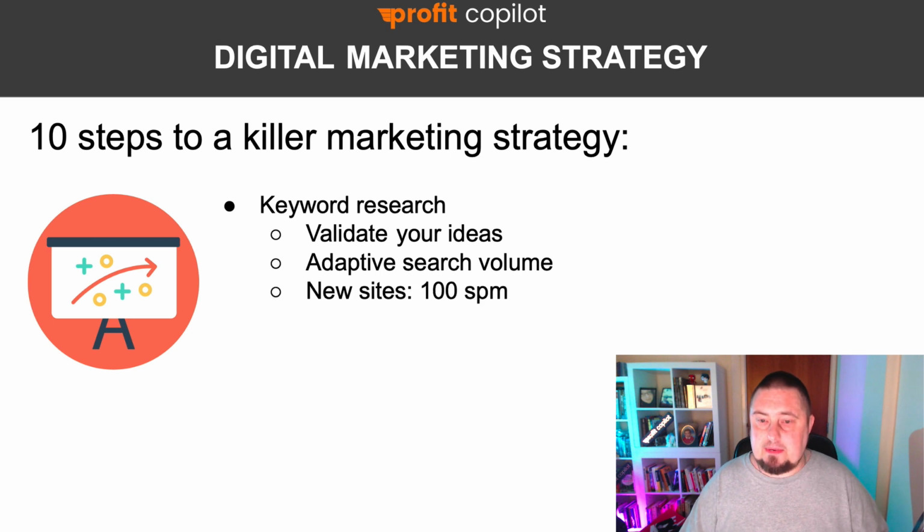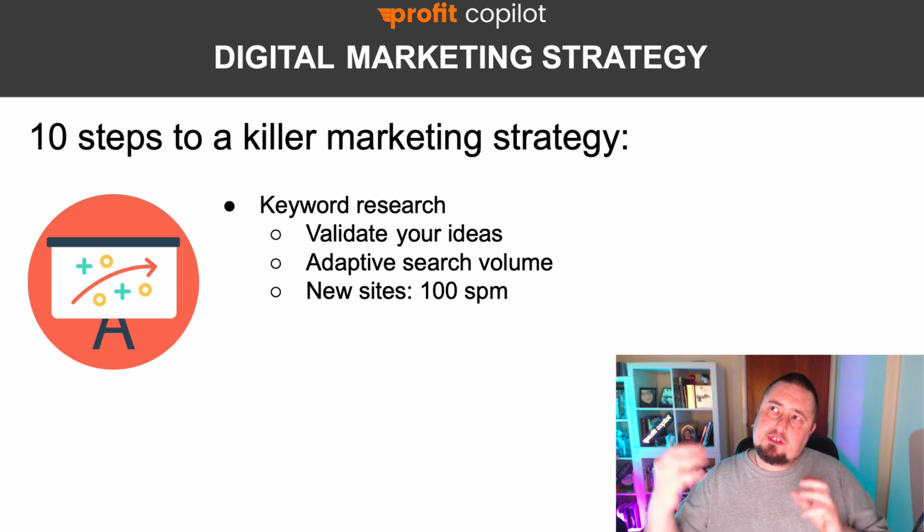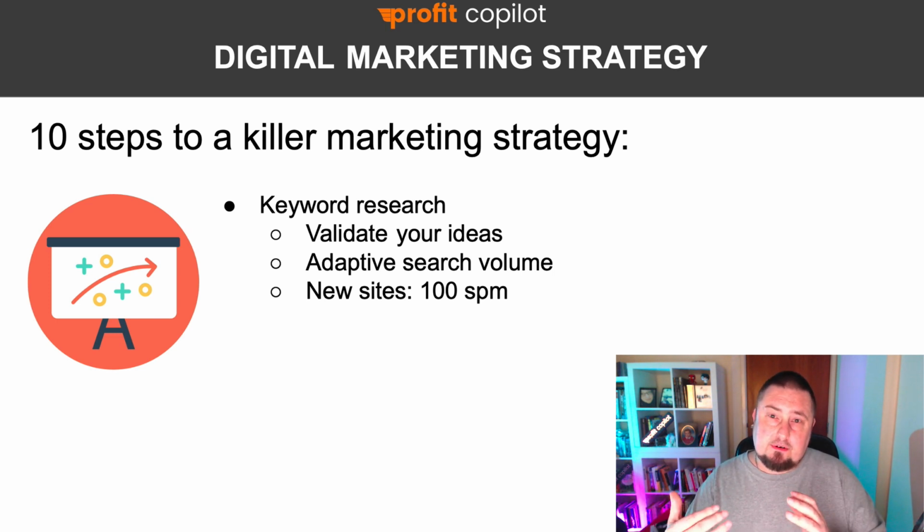I'll explain what I mean. So if you have a new website, you might want to create content, which we'll get to in a second, but you might want to target a search volume of around 100 searches per month. SPM, searches per month. And I know that seems really low, and it is, right? But you have to think about how the search volume and competition levels compare.